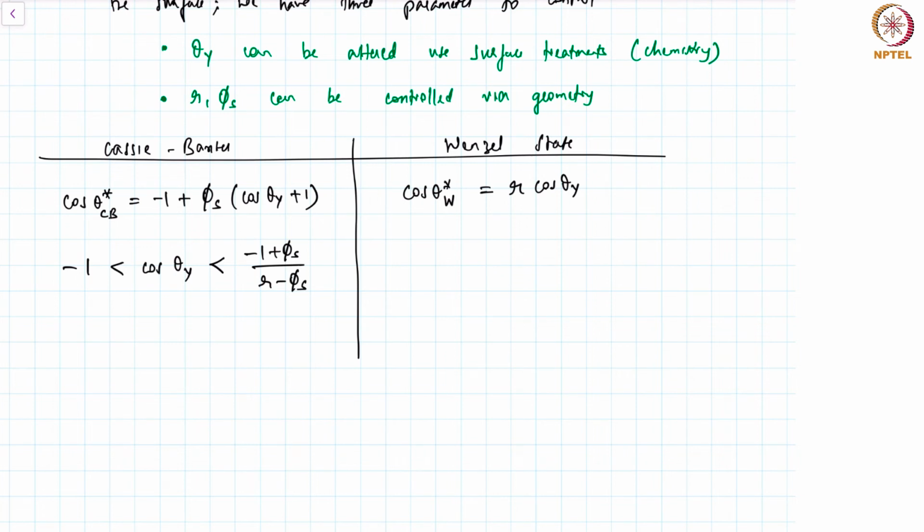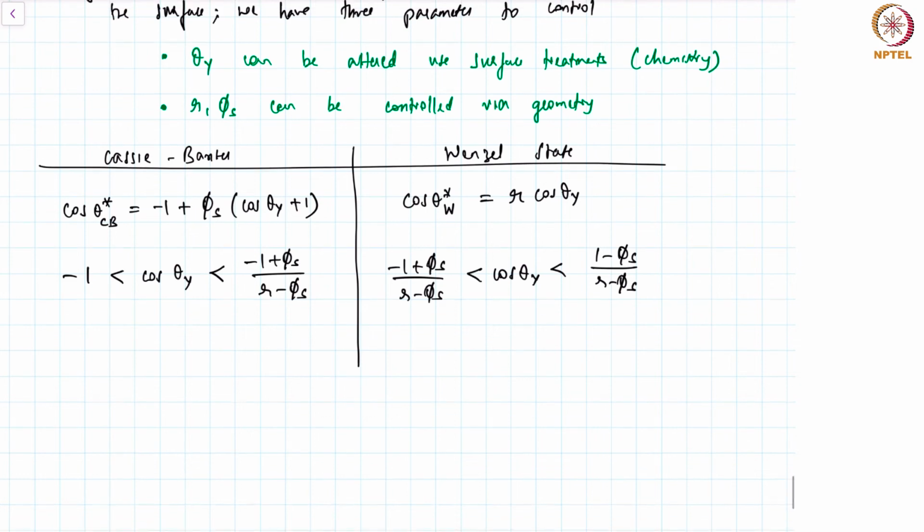And in the case of the Wenzel state, if cosine of theta y is greater than minus 1 plus phi s divided by r minus phi s and less than 1 minus phi s by r minus phi s, then you actually have the Wenzel state.